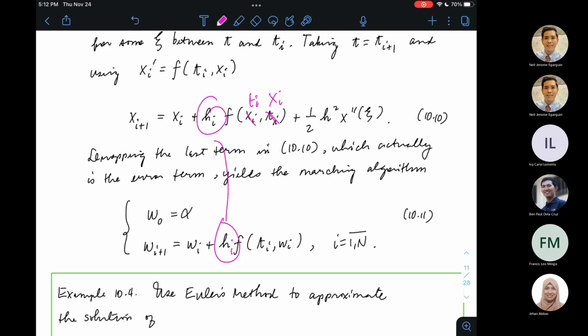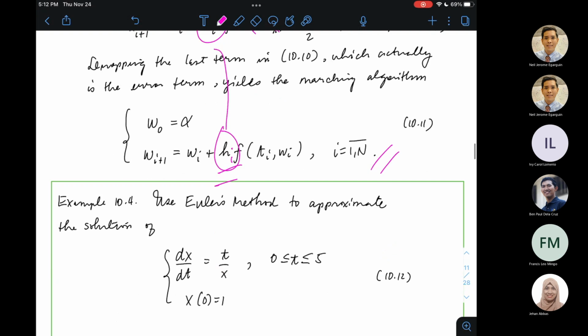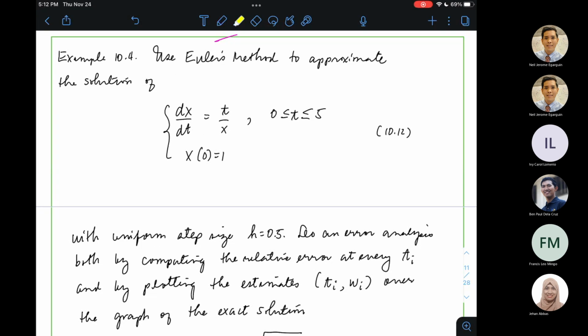Right? So kindly make those annotations dun sa module. There's a lot of typos sprinkled all over the module. So we'll discover them as we go along. So I hope you're taking notes kung saan yung dapat i-correct. Pero yeah, there should be an h-sabay there, but in practice, we're choosing h to be uniform, or the h-subies to be uniform. Okay. Like in example 10.4, I said here that you need to use step size h equals 0.5.